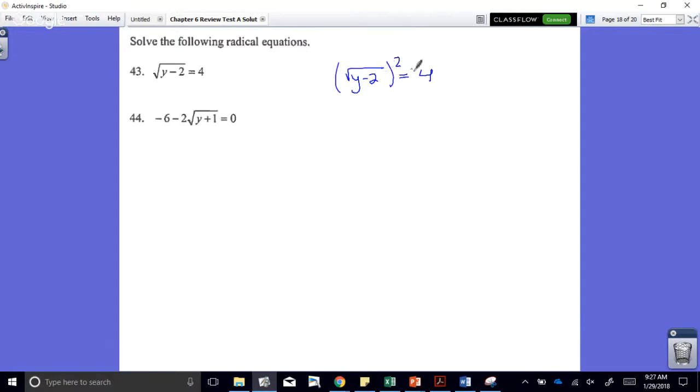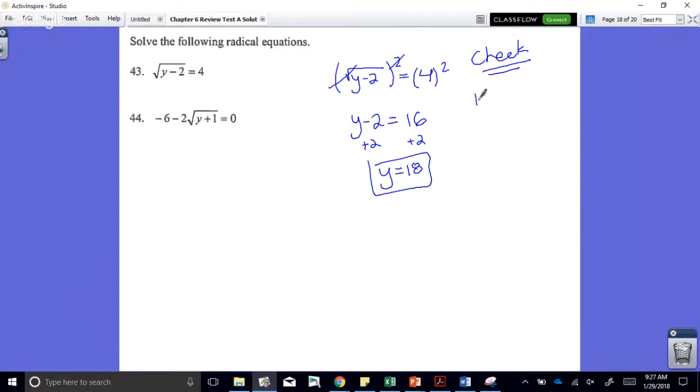To undo the square root, we are going to square both sides. Squaring a square root essentially gets rid of it. And 4 squared gives us 16. So the final step here, we're going to add 2, and we get y is equal to 18. It's always good to go through and check and make sure it works.